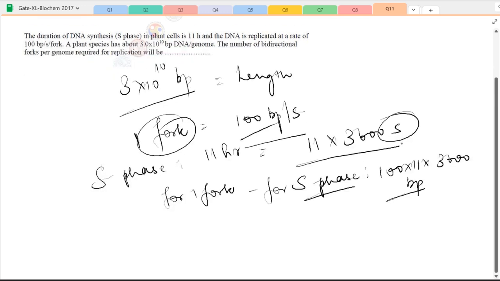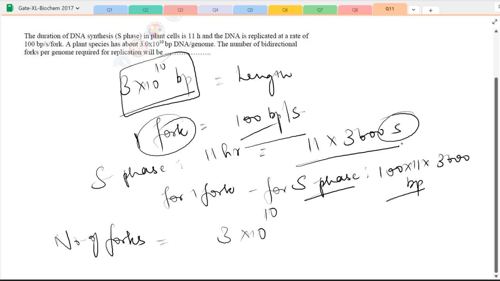Okay, excellent. Now we need to know the number of forks. How will you know the number of forks? You have the total length of the DNA of the genome, which is 3 × 10^10. If you divide 3 × 10^10 by the number of base pairs one fork can replicate for the entire S phase, you will get the number of forks.